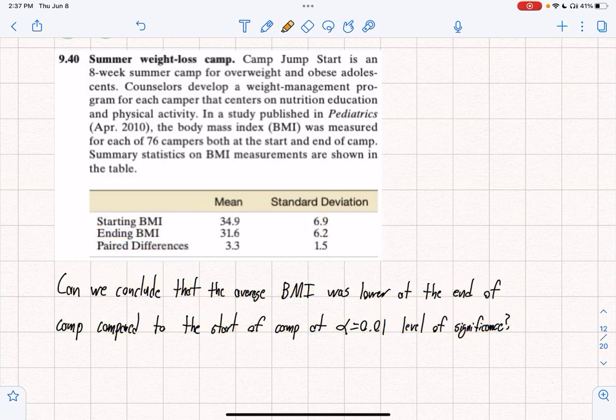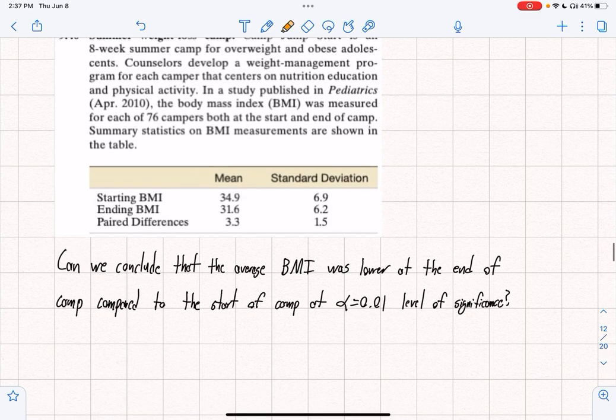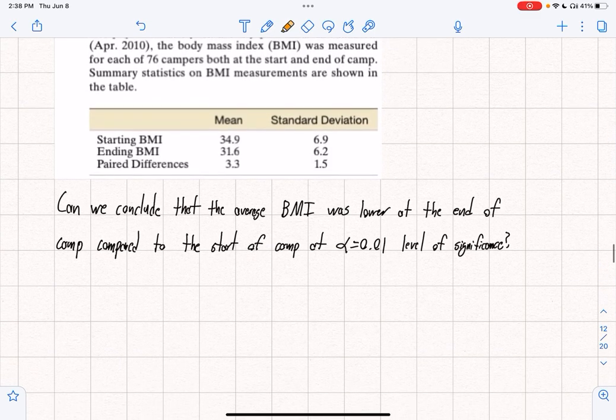Okay, so we need to recognize that this is a paired difference because we're measuring the same people twice. We're doing their starting and their ending BMI and taking the difference. So we have X bar start is equal to 34.9, X bar end is equal to 31.6.